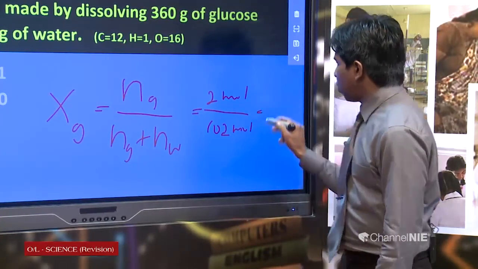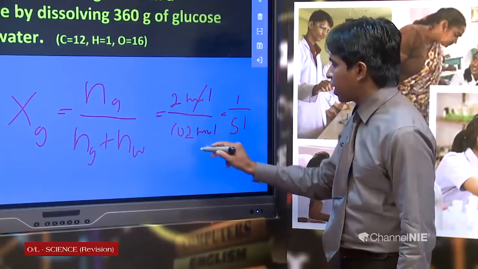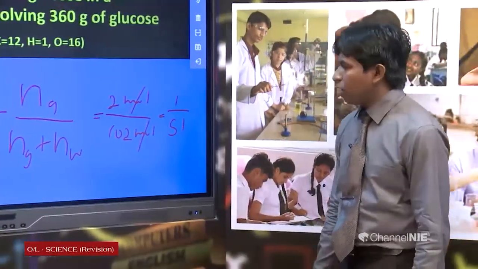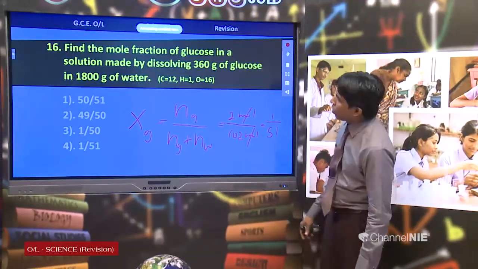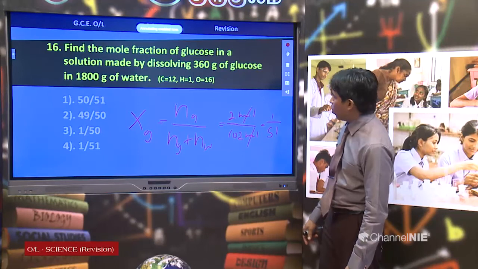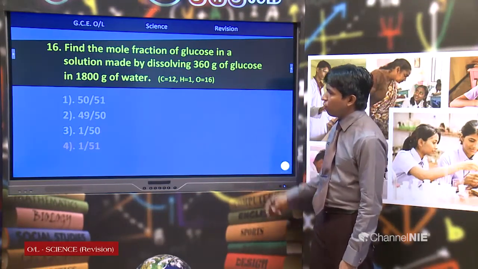So, you get here 1 over 51, the simplest ratio, mole gets cancelled. So, 2 over 102 means 1 over 51. So, the answer for mole fraction of glucose will be 1 over 51, answer is 4th.